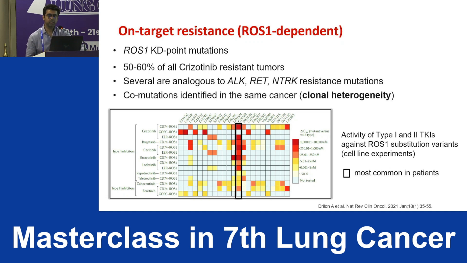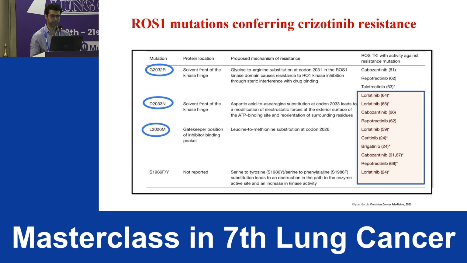Coming to the on-target resistance mechanism, which is the ROS1-dependent mutations. ROS1 kinase domain point mutations are seen in somewhere between 50 to 60% of all crizotinib-resistant tumors, and several of these mutations are analogous, that means similar, to the ALK, RET, and NTRK resistance mutations. There are different co-mutations identified in the same tumor or the same cancer, and that is termed clonal heterogeneity.